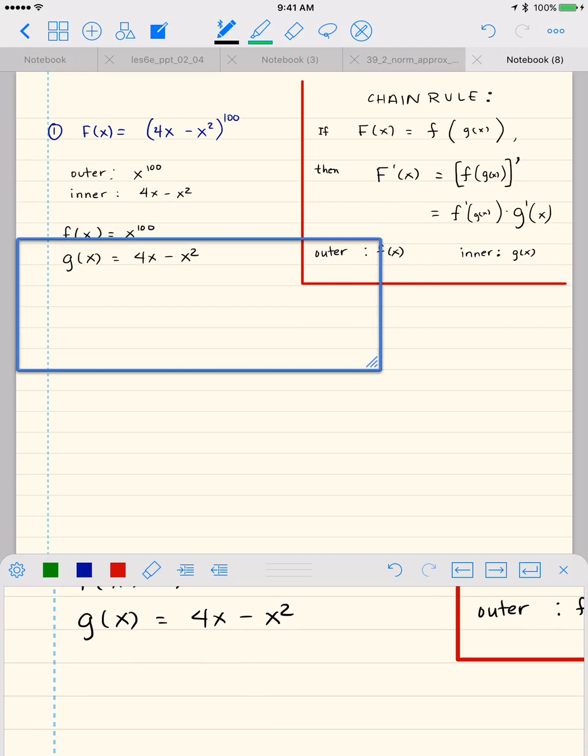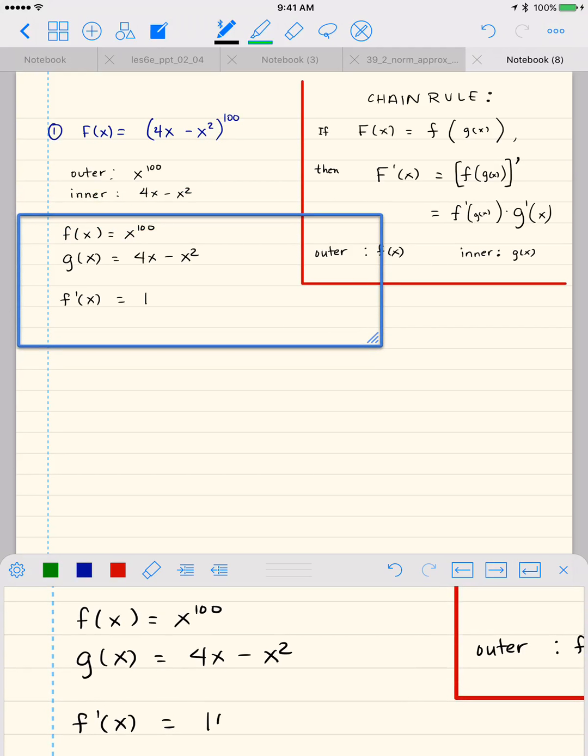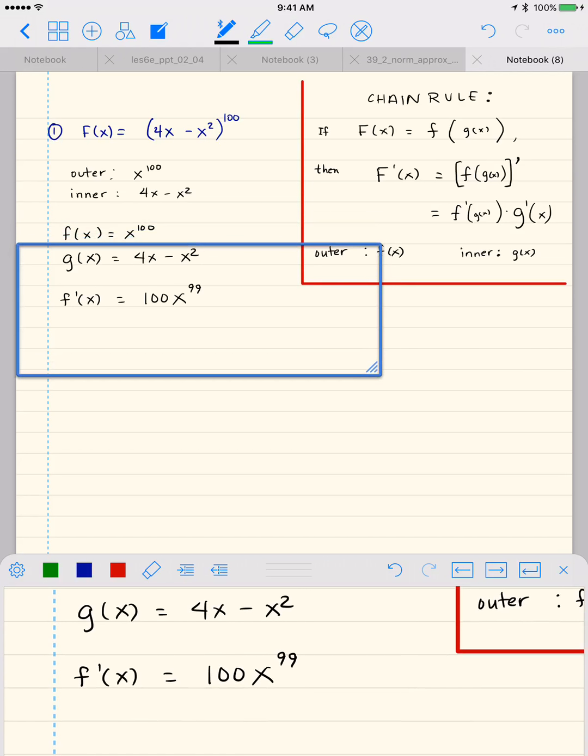Now, I need to find f prime of x. What is that going to be? If f of x is x to the 100, I'm using the power rule to say f prime of x is 100 x to the 99. And I also need the formula for g prime of x. So g of x is 4x minus x squared. So g prime of x is 4 minus 2x.